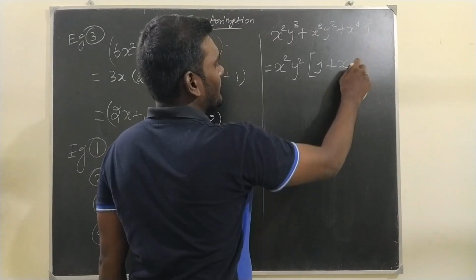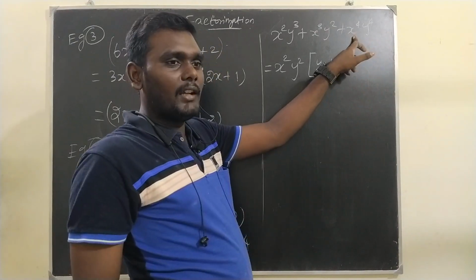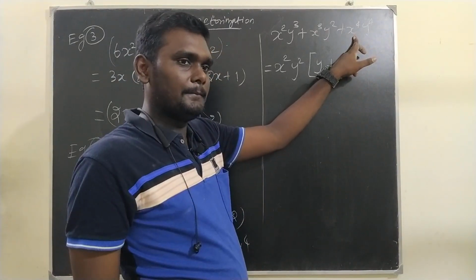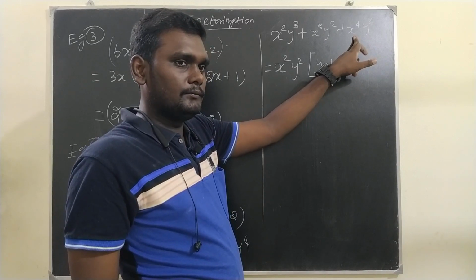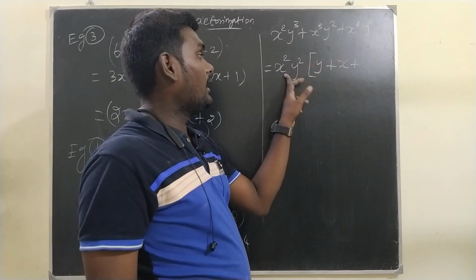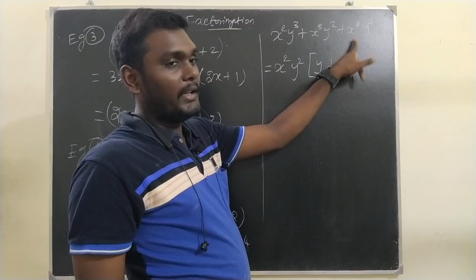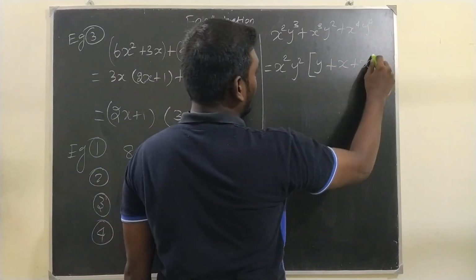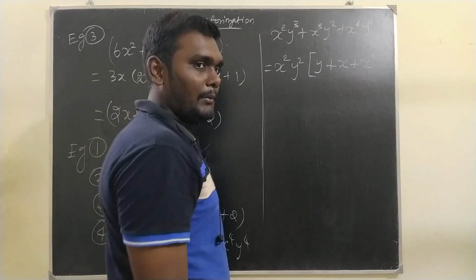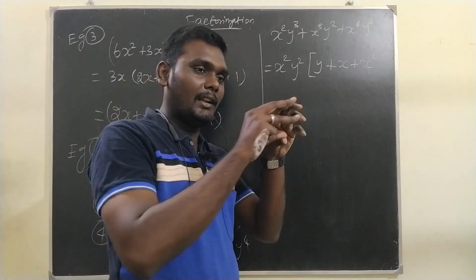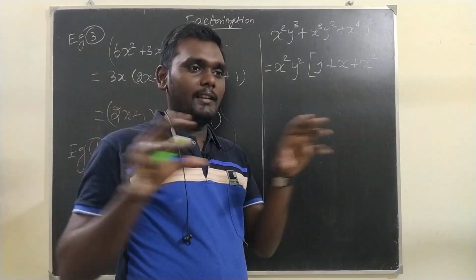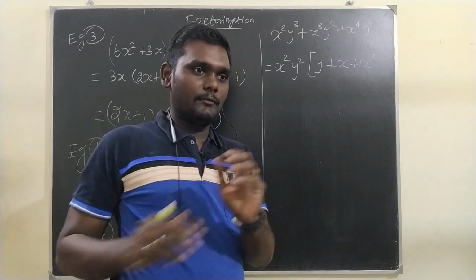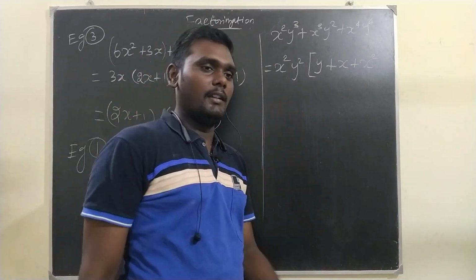Okay. So plus here how many x are we taking out? 2x we are taking out. So how much remains inside? x power 2, not 2x. Just pronouncing it as x into x into x into x, 4 multiplications of x will be there.